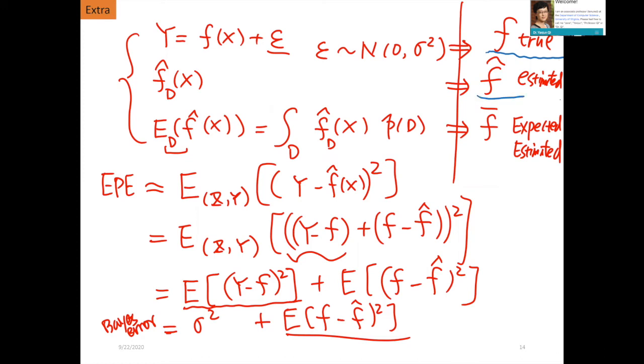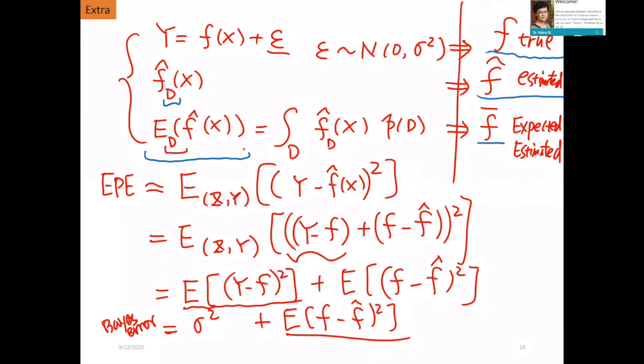I have an estimated function from my current training data, from the current D, so that's why it's conditioned on my training D. There's something else, the expectation of f hat, which is very important. This is called the expectation, f bar. F bar is like this.